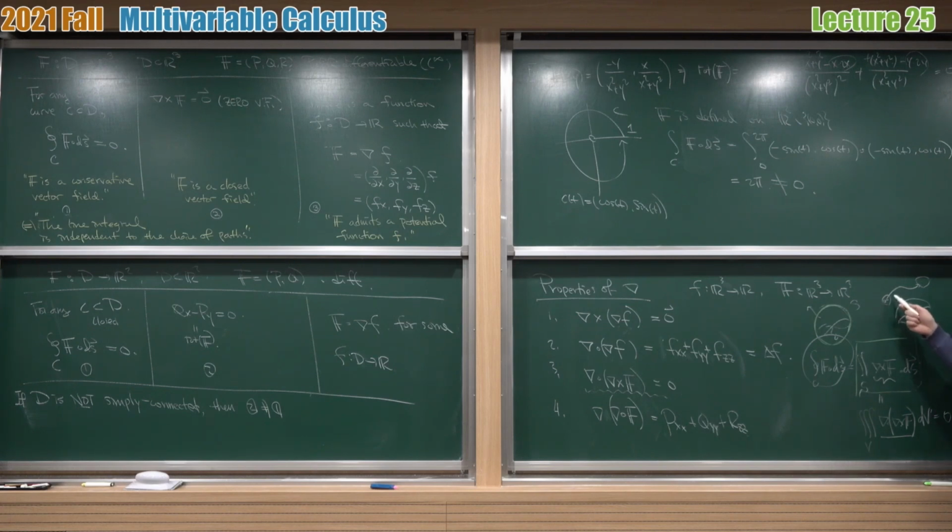So you have a two-dimensional object, and the boundary is a one-dimensional curve. But if your surface is closed, there's no boundary, right? That's the definition: closed means no boundary. If you have a closed curve, there's no boundary point, right?